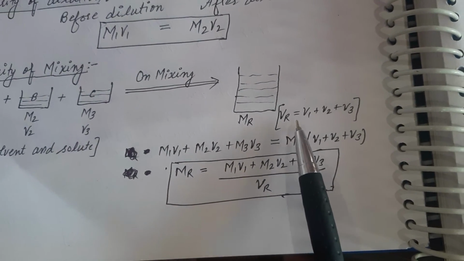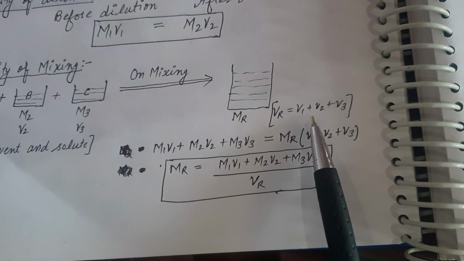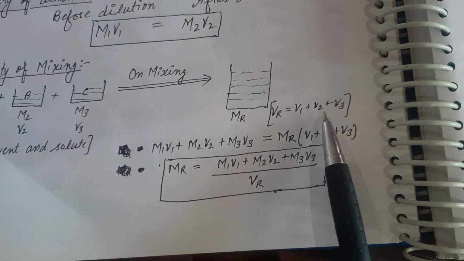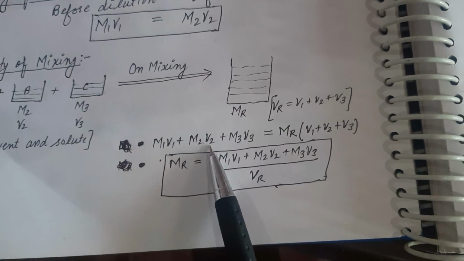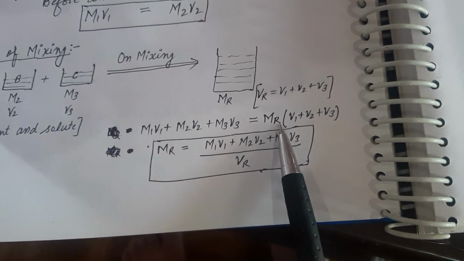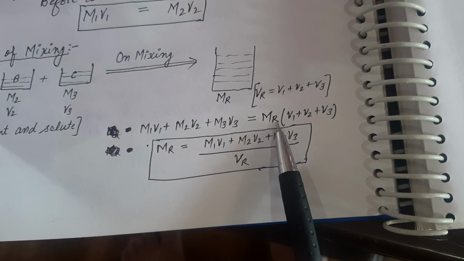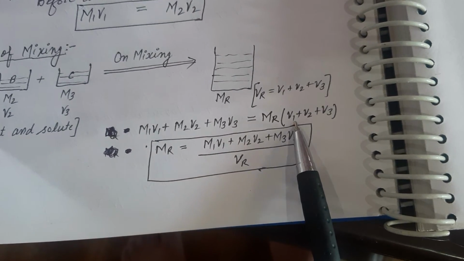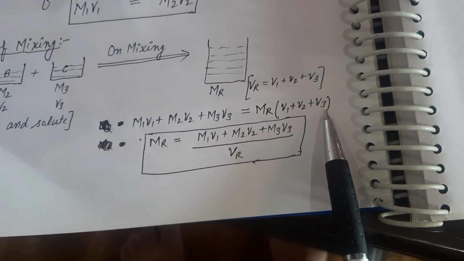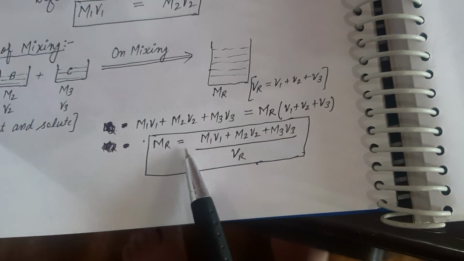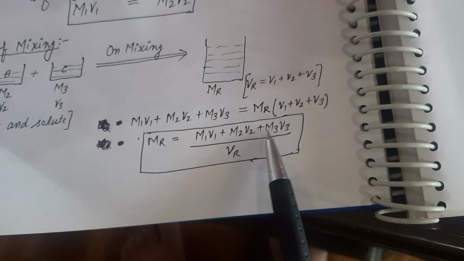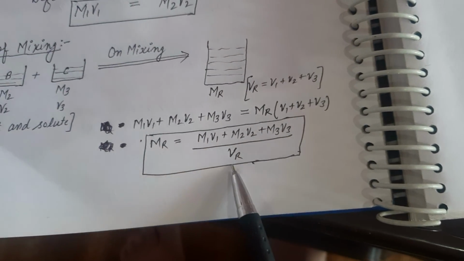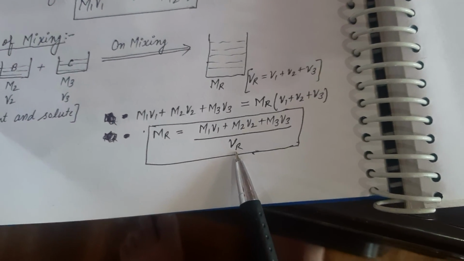Volume of resultant will be the sum of all three volumes, V1 plus V2 plus V3. MR indicates resultant molarity. So resultant molarity will be calculated as M1 V1 plus M2 V2 plus M3 V3 upon VR, where VR indicates resultant volume.